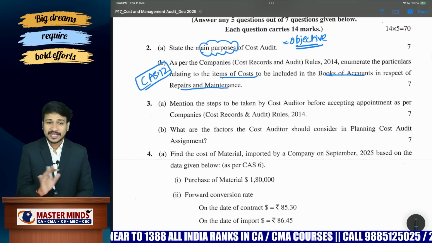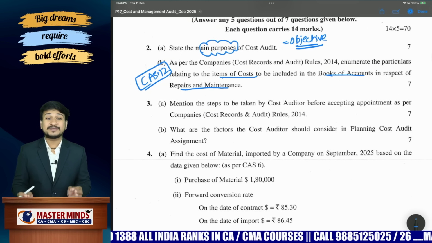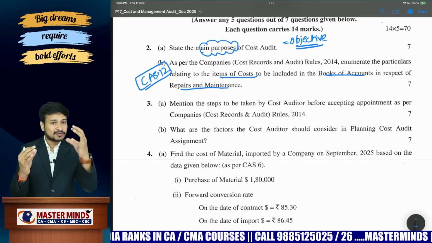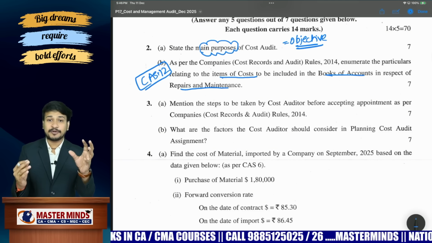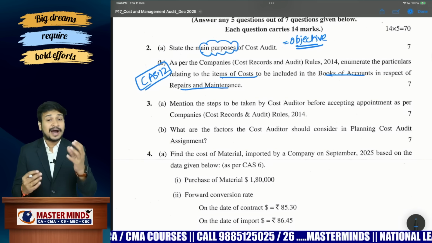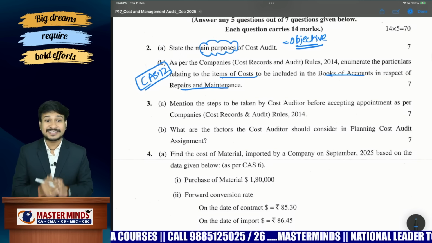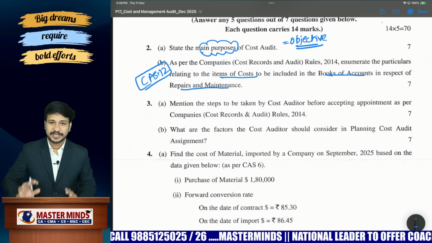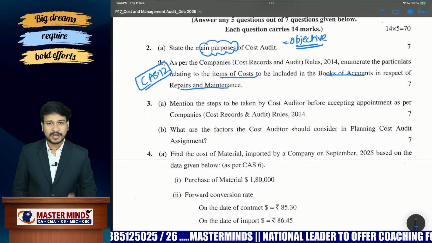CRA 1 does not have any particular format, but it specified many contents: under material cost, what contents are to be included; under employee cost, what contents are to be included; under transportation cost, under S&D cost, and so on; under repairs and maintenance cost, what contents are to be included. This is what the question is all about.